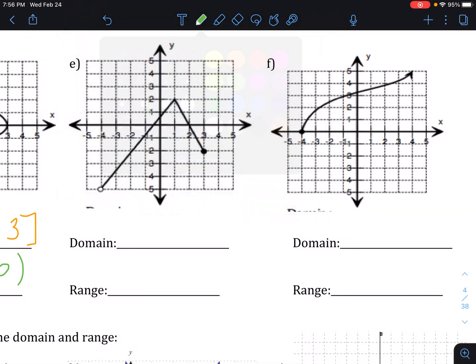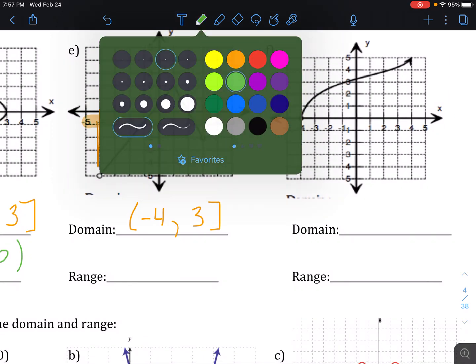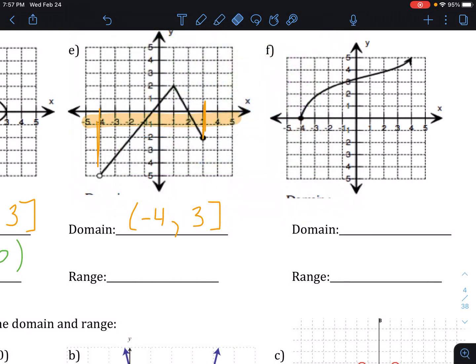Letter E. The domain, x values. So -4 with an open circle, so parentheses, and then it goes to 3, closed circle, bracket. And then the range.